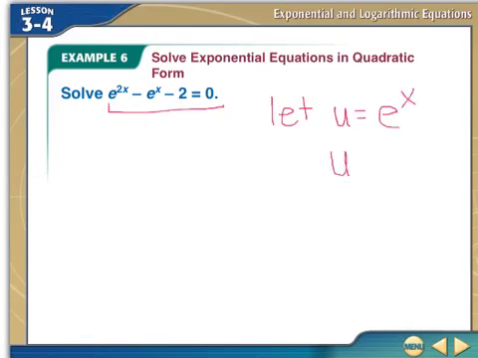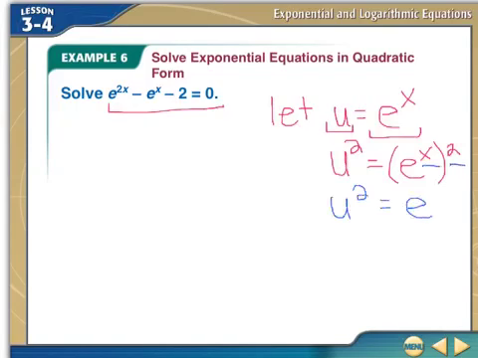Thus, if I square both sides, u squared is e to the x quantity squared, and by using my power properties, a power raised to a power means I multiply, so I would get e to the 2x. U squared is e to the 2x.